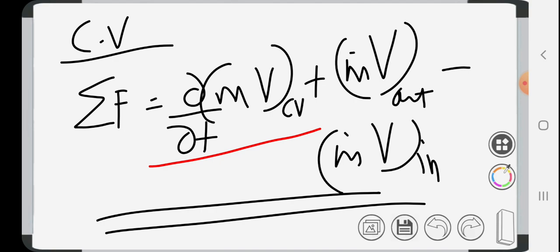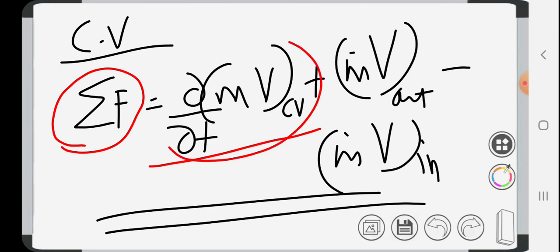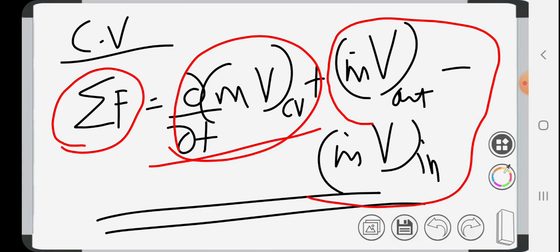The net force acting instantaneously on a fluid within that control volume will be equal to the time rate of change of momentum within that control volume, plus the difference between the outgoing momentum flux and the incoming momentum flux.